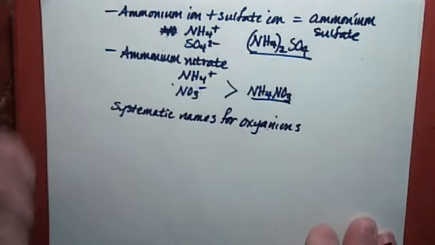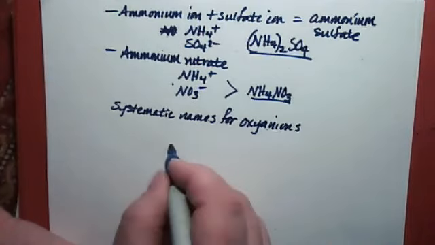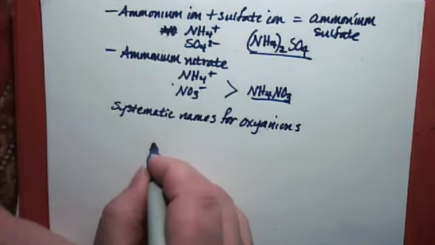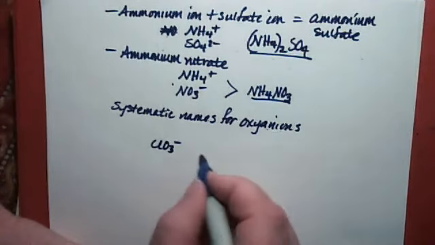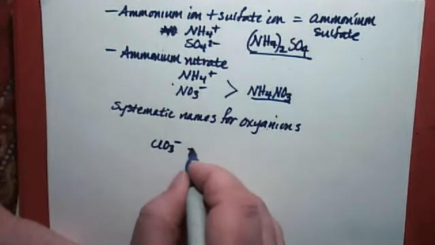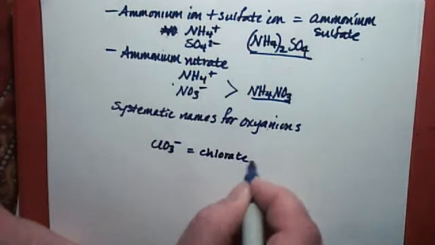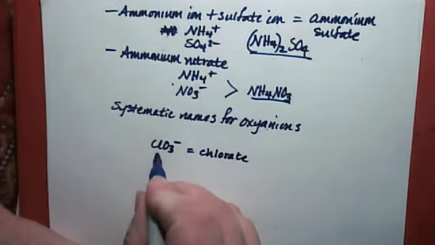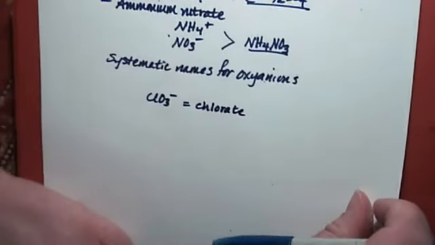But like I said, there is a bit of a systematic system for oxyanions, that is, anions that involve oxygen. For instance, those involving chlorine and oxygen, ClO3- is chlorate. So you can see chlor comes from chlorine, and ate means the maximum possible number of oxygens.